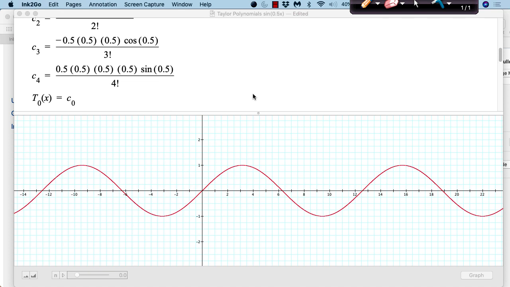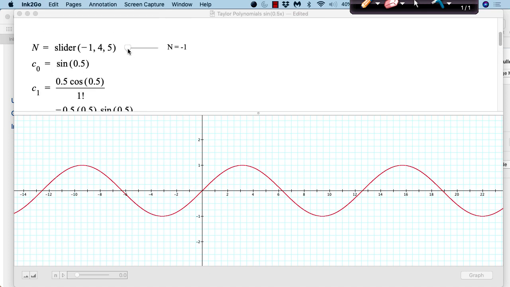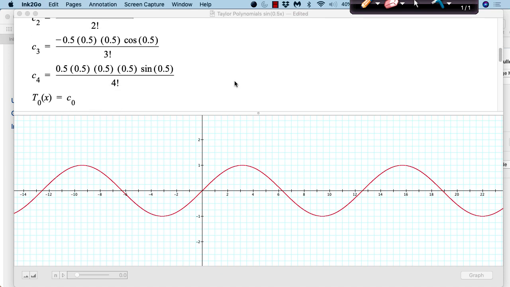This is the 0th polynomial. All it is is the constant term. So what does it get right? It's a polynomial that's trying to approximate the red graph, the f, the sine of 1/2 graph.